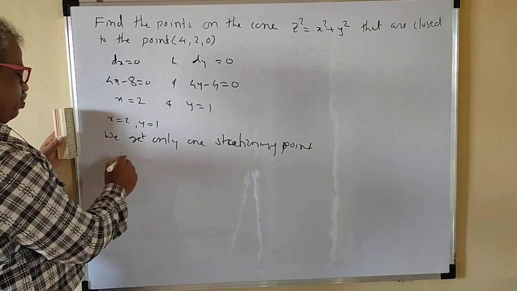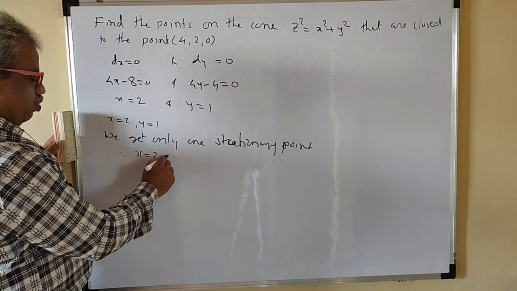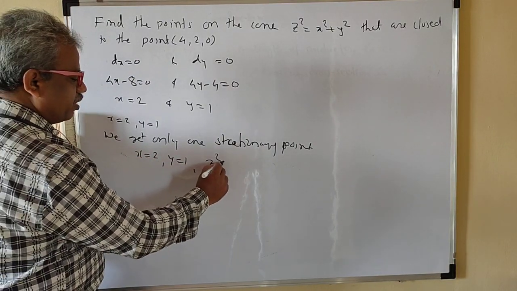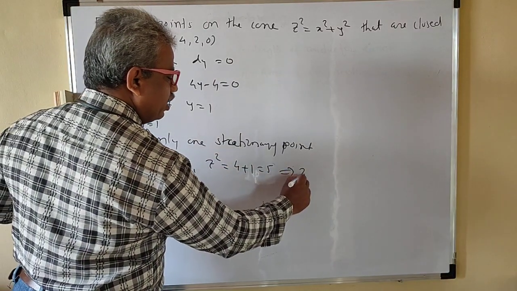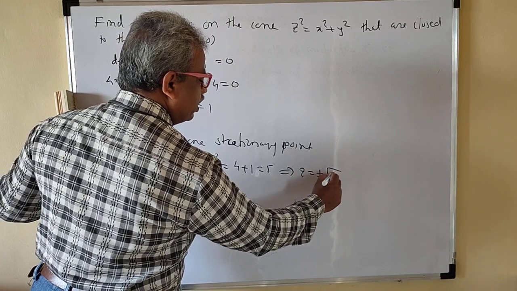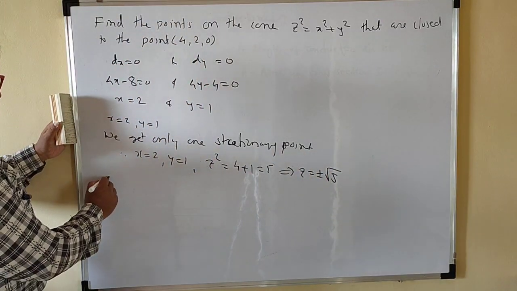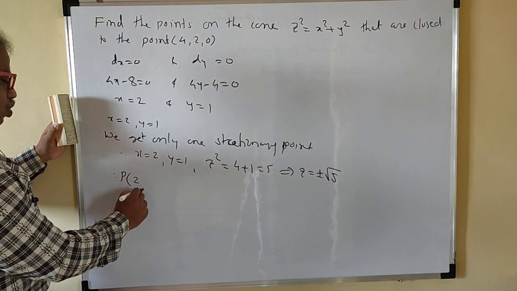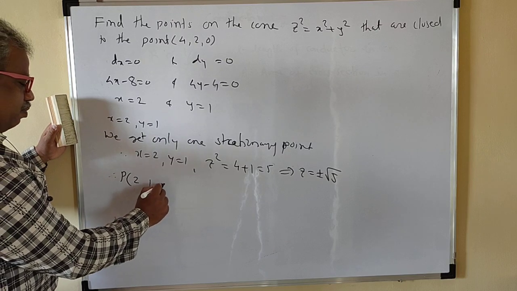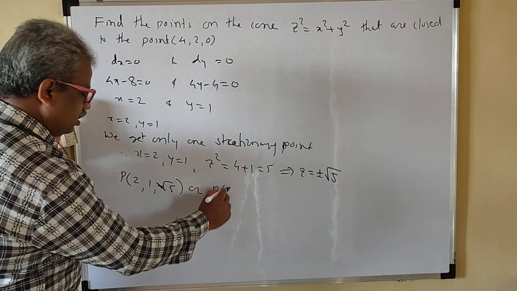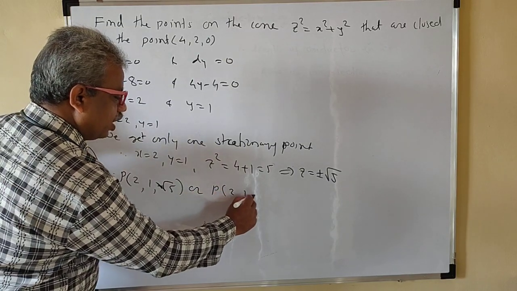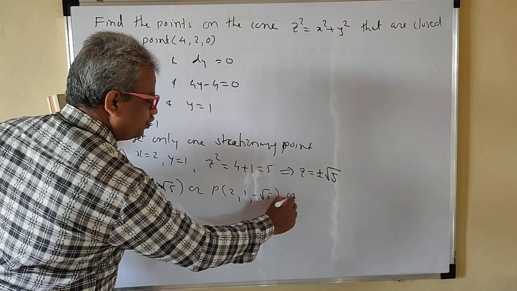So therefore x is equal to 2, y is equal to 1, z square is equal to 4 plus 1 is equal to 5, which implies that z is equal to plus or minus root 5, right? So therefore P is equal to (2, 1, root 5), or P is equal to (2, 1, minus root 5).